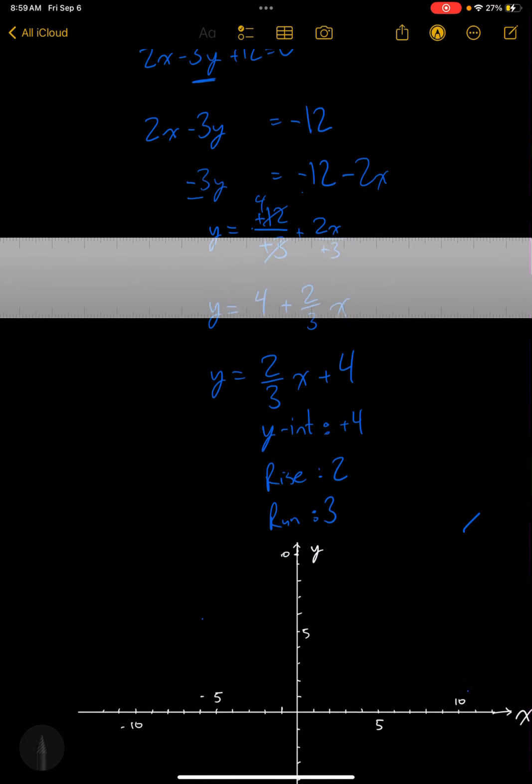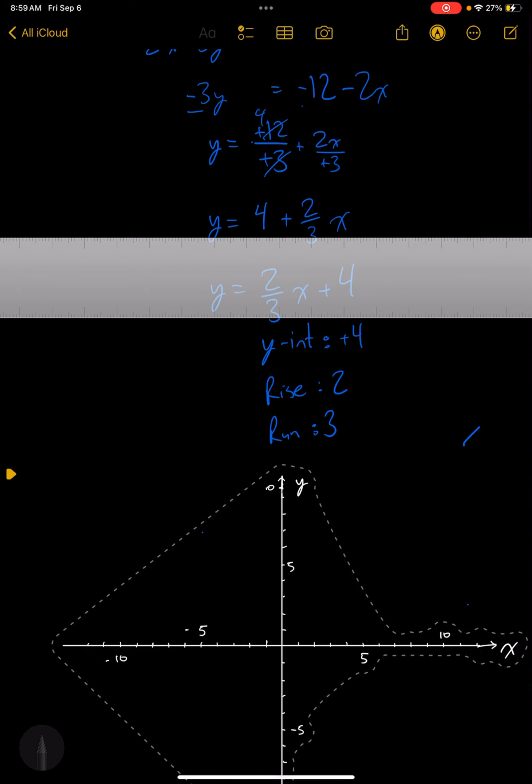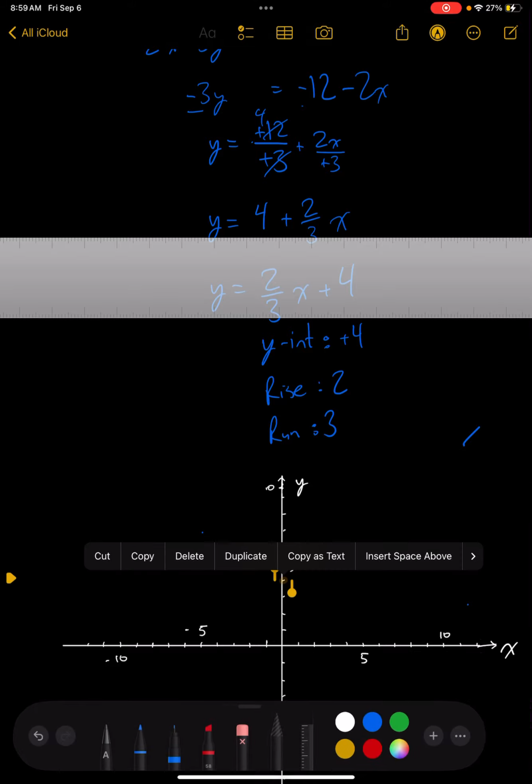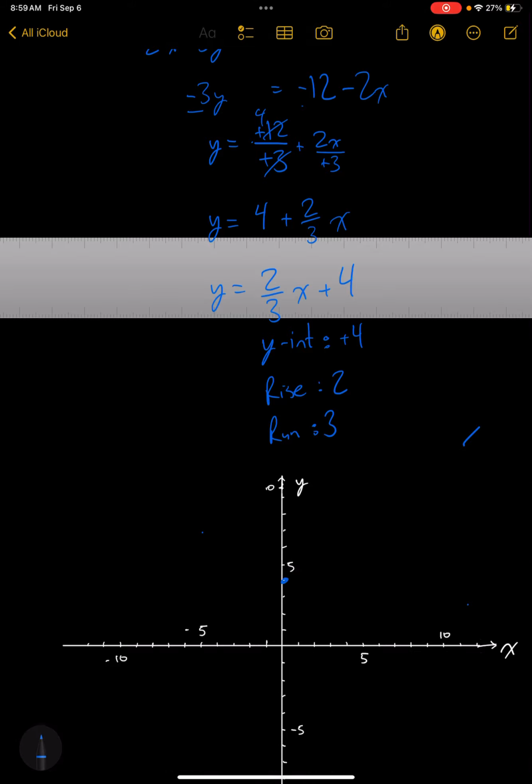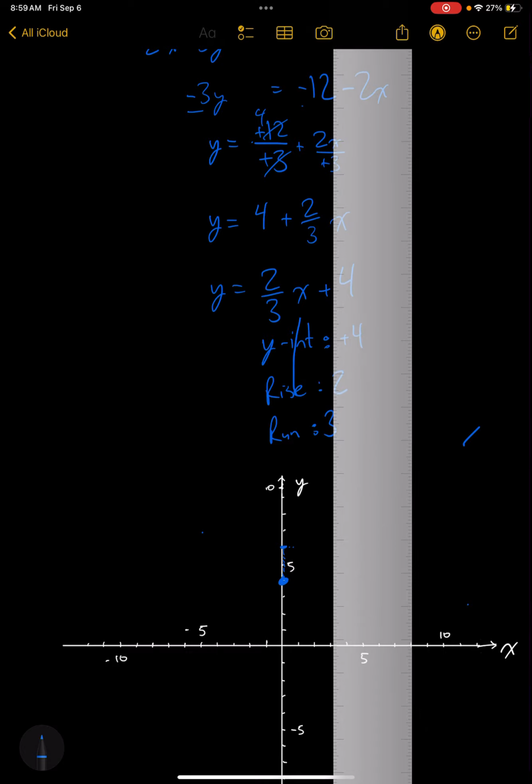Y-intercept is plus 4. The rise goes up by 2, 1, 2, and the run goes in the positive 3 direction. So it basically runs like that.